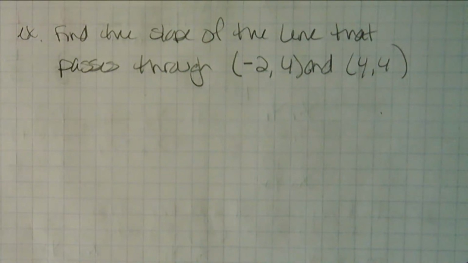So don't forget, write down the formula that you're using. Since it's not a graph that we're going from, it's y2 minus y1 over x2 minus x1. Label your points with x1, y1, x2, y2 to make sure that you're doing it right.